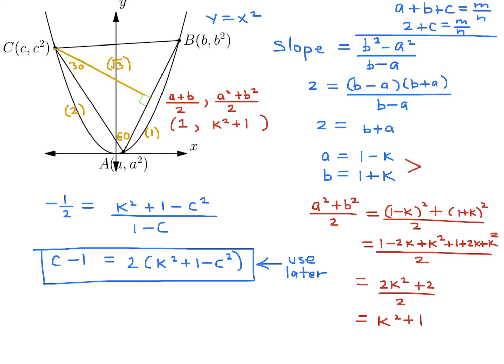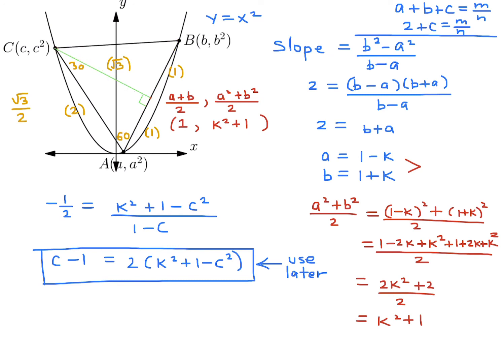So therefore, the ratio of this height to this base is going to be root 3 over 2, right? Because if this is 1, then that is 1 also, like that. So root 3 over 2 would be the ratio of this height to the base.